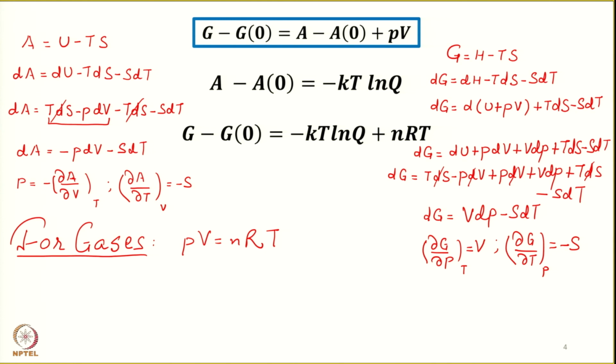So if I choose to work with an ideal gas and consider this equation, A minus A0 is minus kT log Q, and I substitute, and then I have plus nRT.